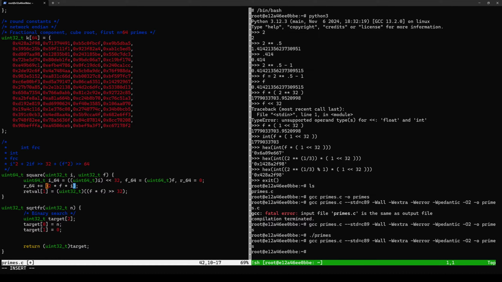And so that is the equivalent of this f is the 0.414, which is a little less than 2 to the 31. This I is the 1, which is exactly 2 to the 32. So we have something that is about size 2 to the 32 times something that is about size 2 to the 31. That is going to appropriately fill my 64-bit chunk. And then I will shift that over by 32. I don't have to yet. I'm going to add retval to it first.